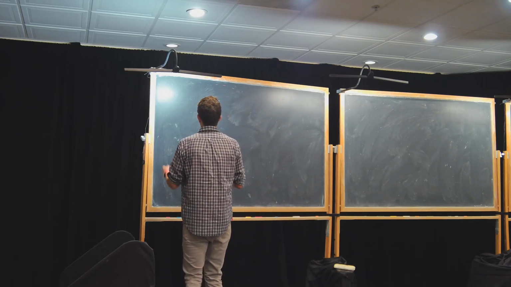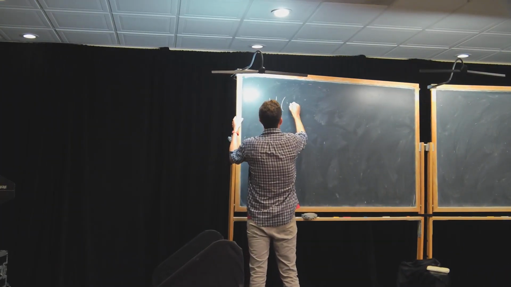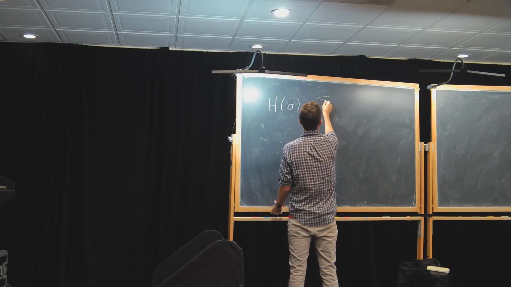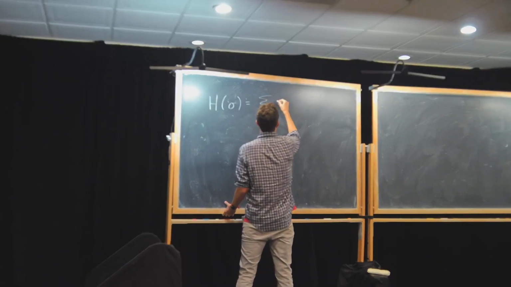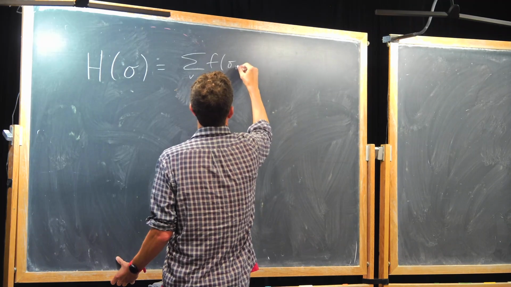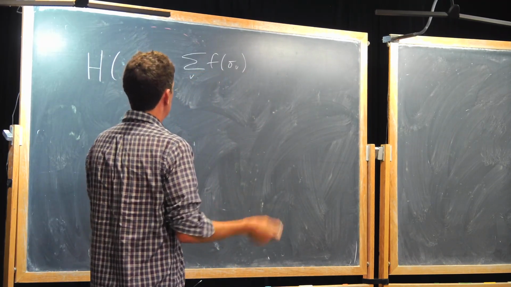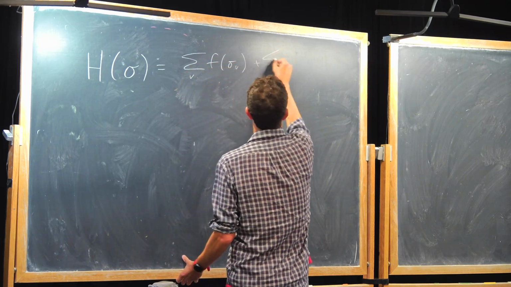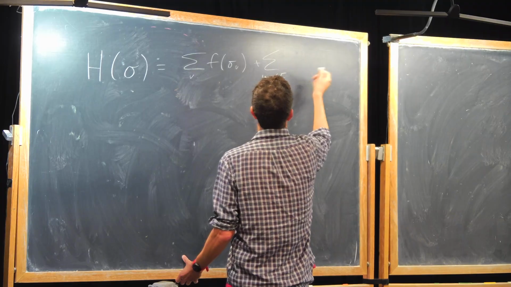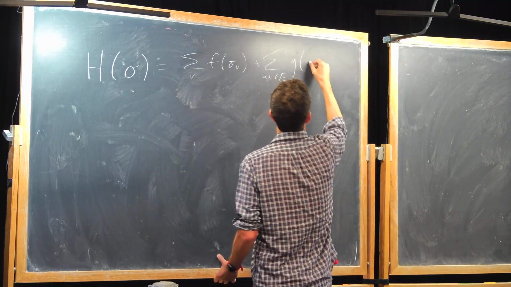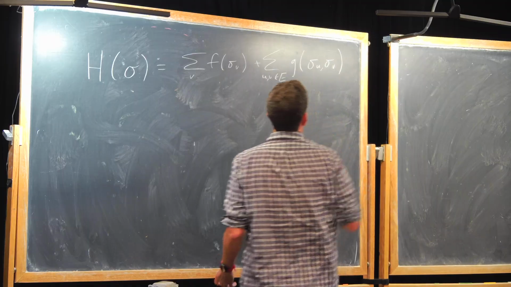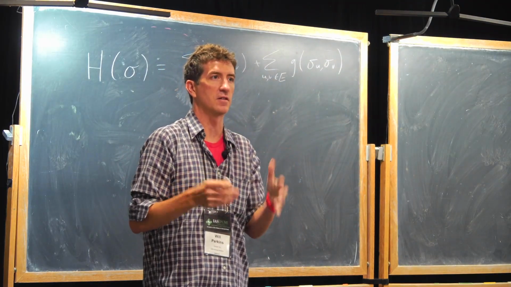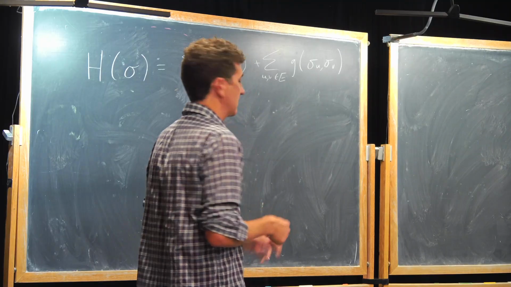So really the kind of H's that we care about look like this: H of sigma is the sum over vertices of your graph of some function f of sigma v, so you get some function of each of the spins, but you also sum over edges of some function g of sigma u, sigma v. So this energy function splits nicely according to the graph structure, and that gives us some nice properties.